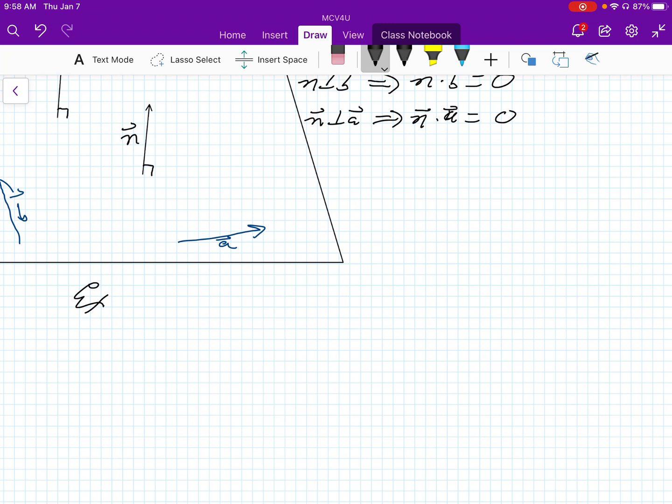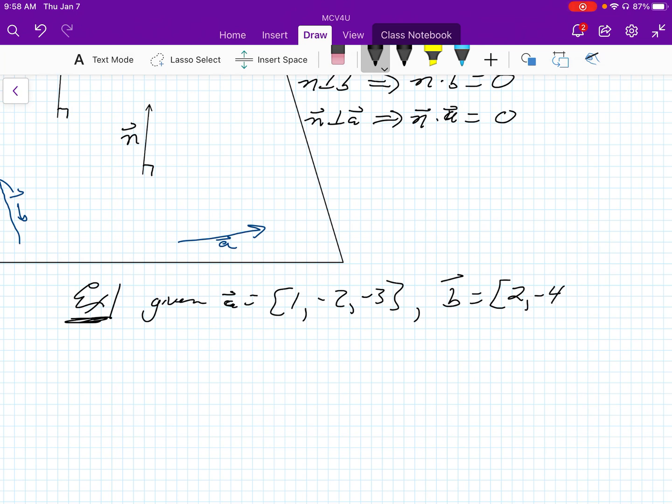So here's what we'll do. This is our final example of the day. Given vector A, we'll just use 1, -2, -3. B will be another, non-collinear vector, something like 2, -4, and 1.